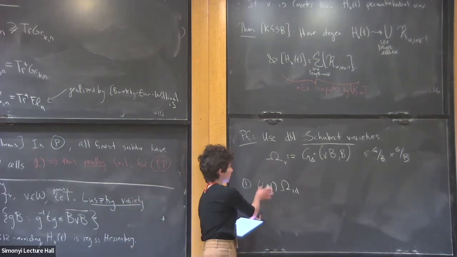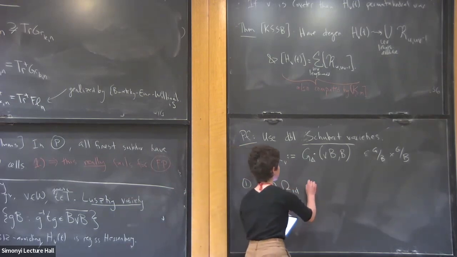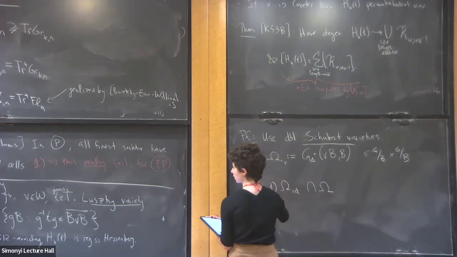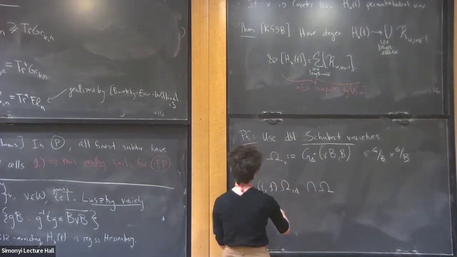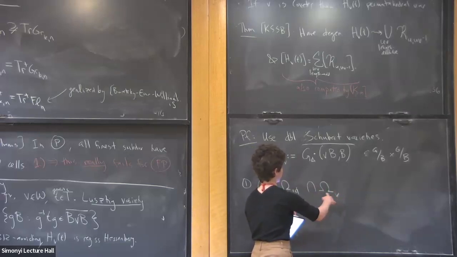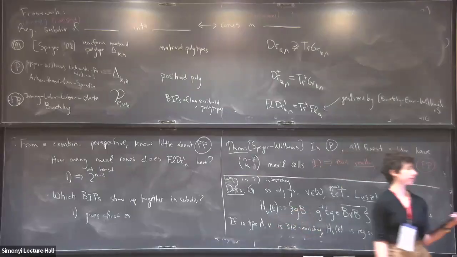Then you shift it a little bit with your chosen torus element and 1, so you multiply everything in there by that. Then you intersect it with the other double Schubert variety, omega V, where V is the same as the one in here.